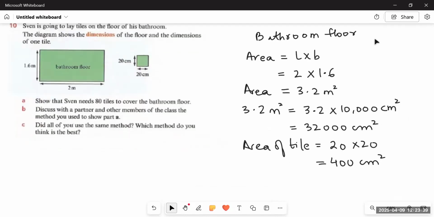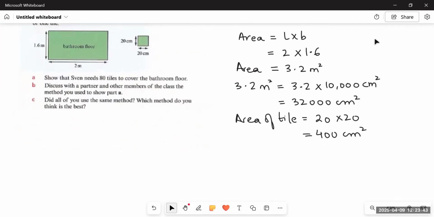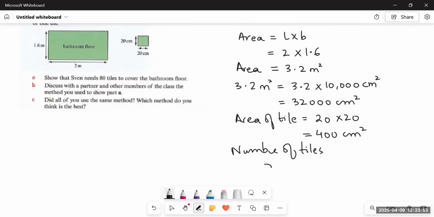If the area of one tile is 400 centimeter square and that of the total floor is 32,000, the number of tiles required would be, since both the areas are in centimeter square, so we can compare them, 32,000 upon 400.